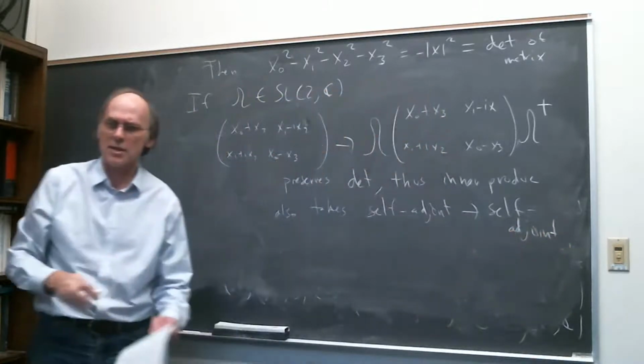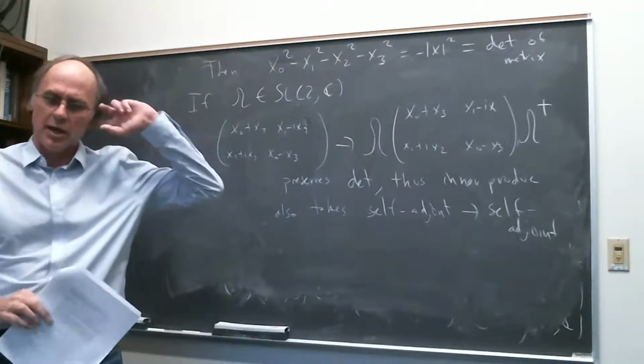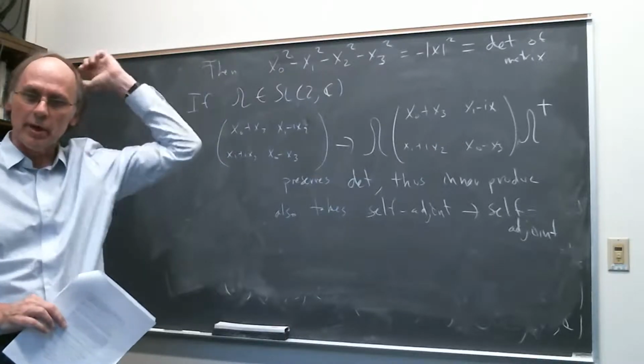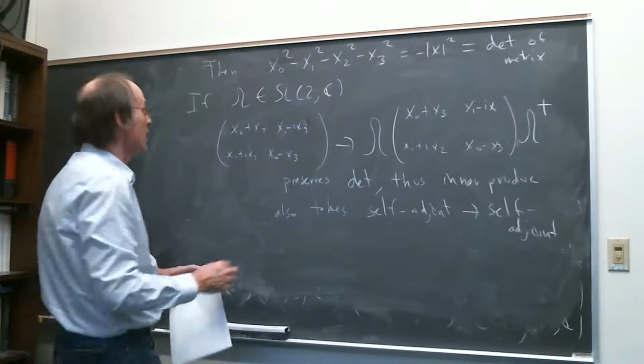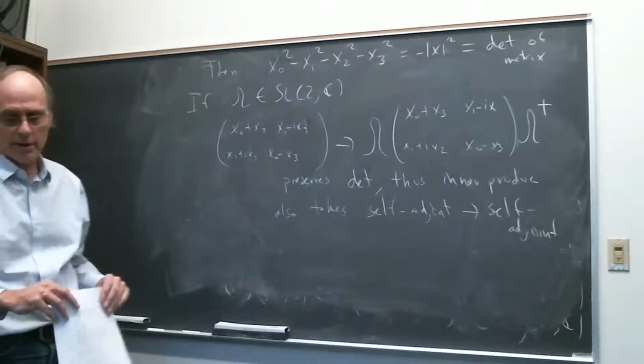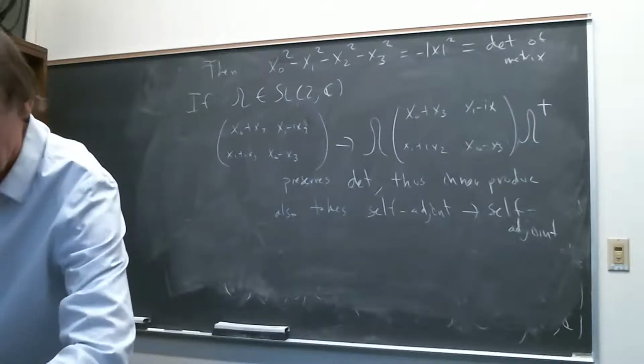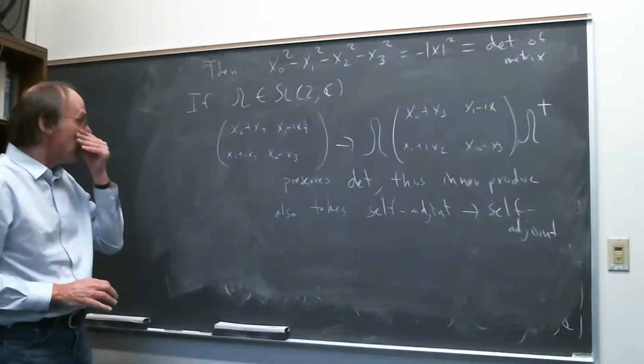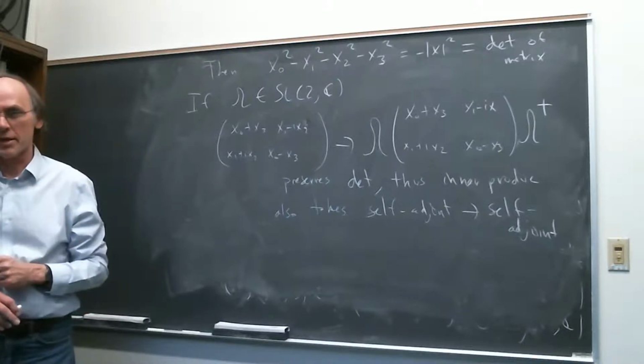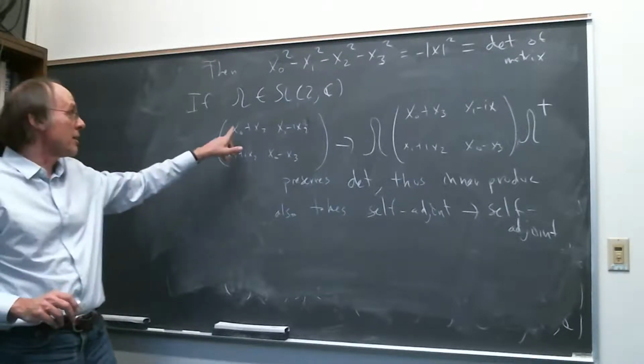I think you may have seen this calculation in the first semester. It was actually on a problem set. It was something like this. But basically the idea is that, morally, you really should think of Minkowski space as 2 by 2 self-adjoint matrices with the inner product being their determinant.